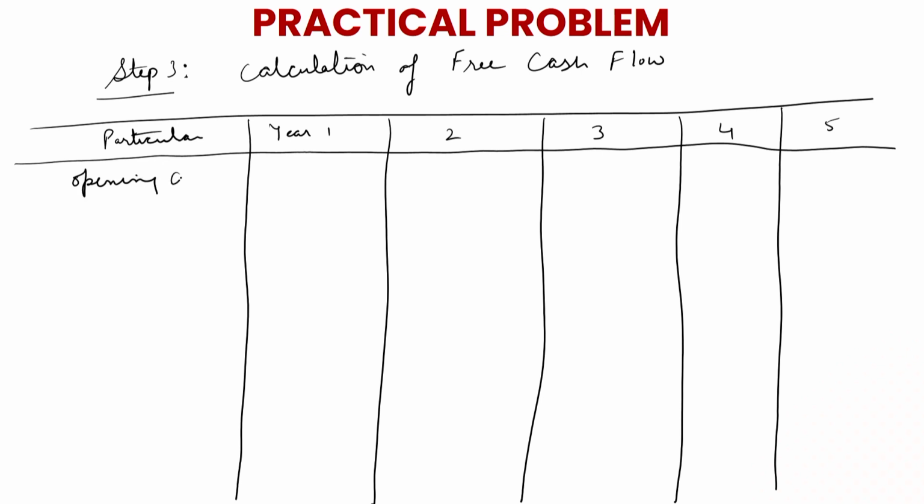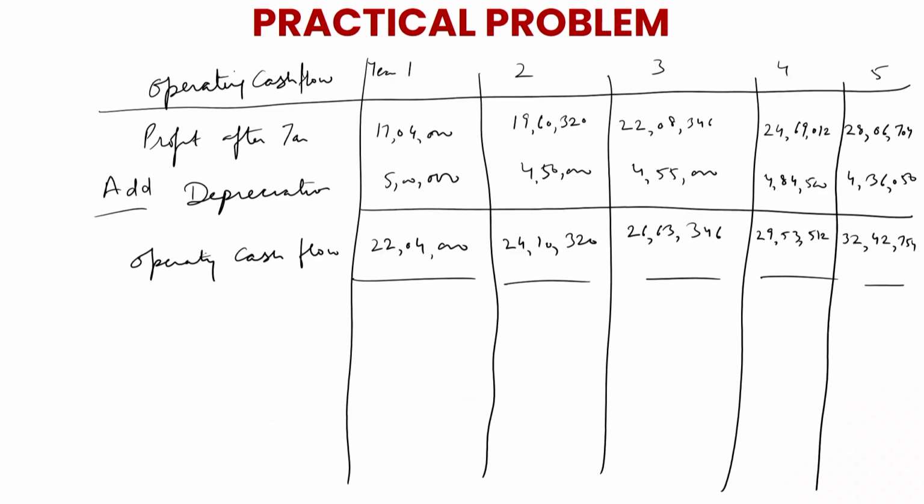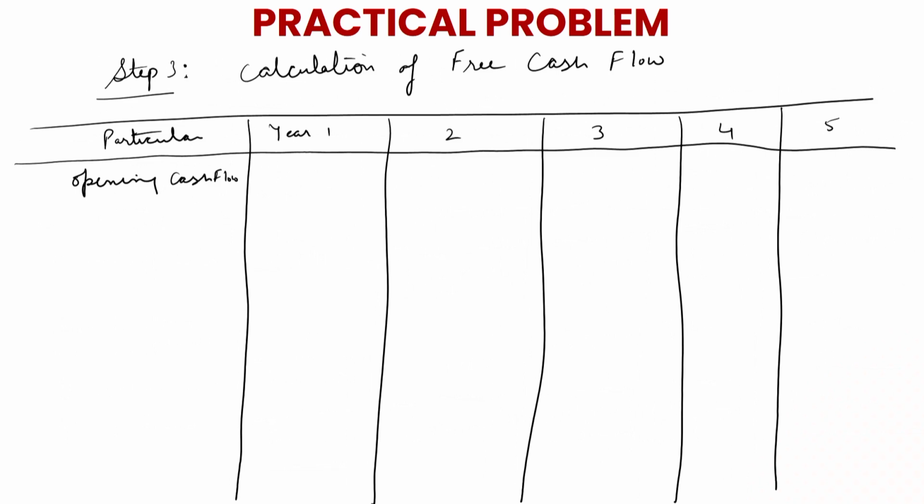Opening cash flow. Just computed, 22 lakh 4,000. For the second year, it is 24 lakh 10,320.